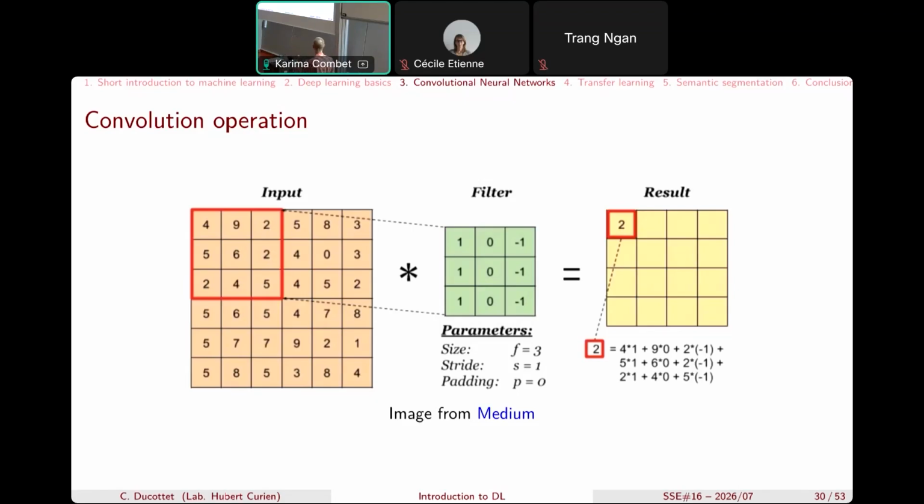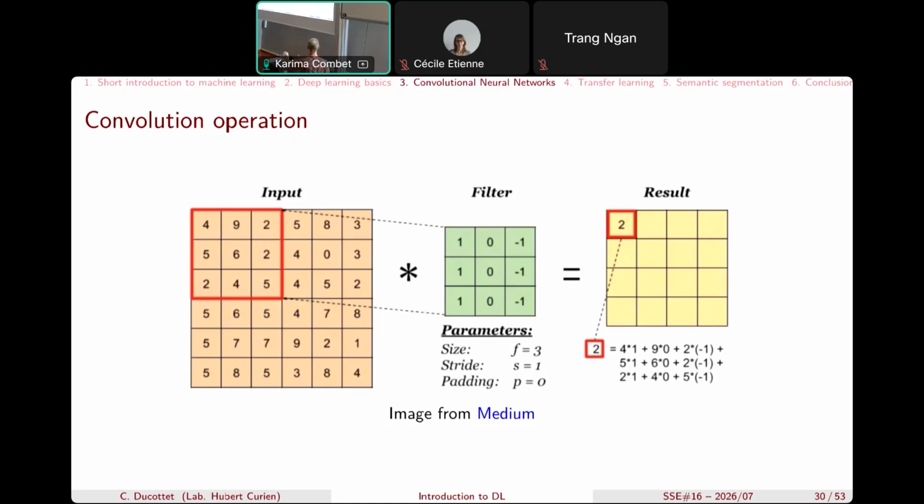Okay? The output image will have fewer pixels because, suppose that here we have 6 input pixels. The filter is 3. So if I want to move my filter in such a way that I don't go out of my image, I could go into this 9. I will have only 4 values as output.